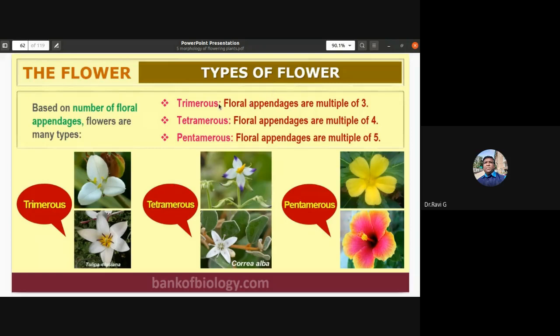Sepals might be three, petals might be three or three plus three, stamens might be three or three plus three, and the ovary will have three carpels. Such conditions where the floral appendages are in three or multiples of three, we call trimerous flowers.